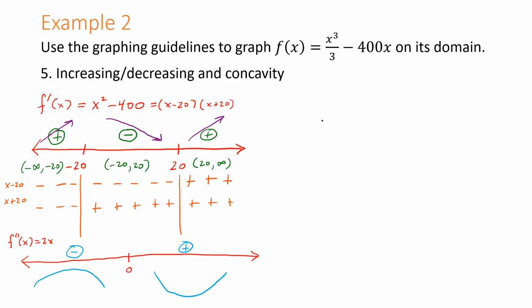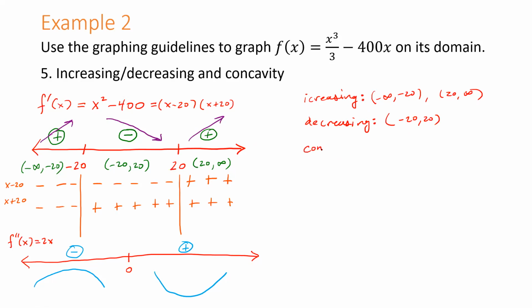So putting all those pieces together, we've got increasing on the intervals negative infinity to negative 20, and from 20 to infinity. And then decreasing between negative 20 and positive 20.